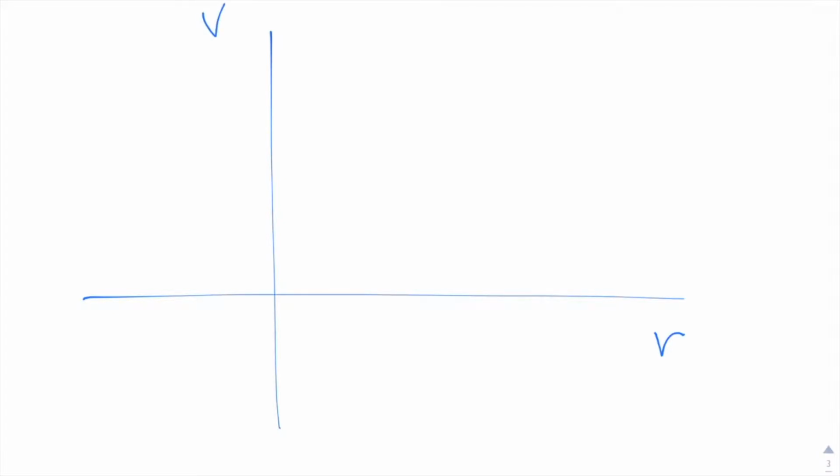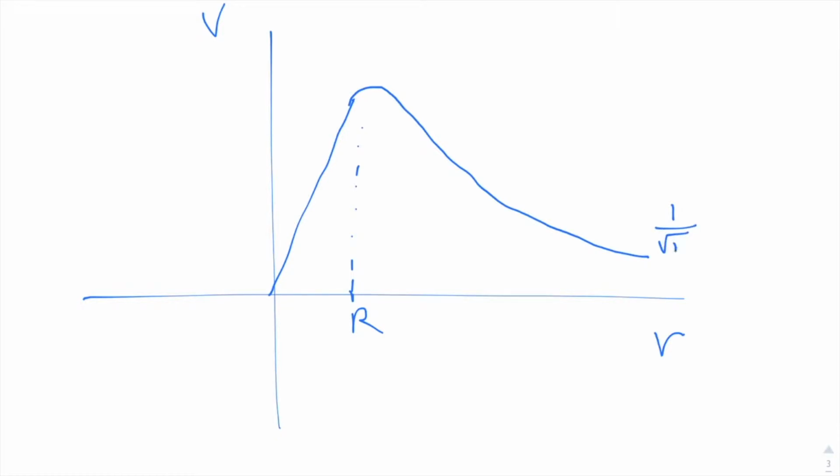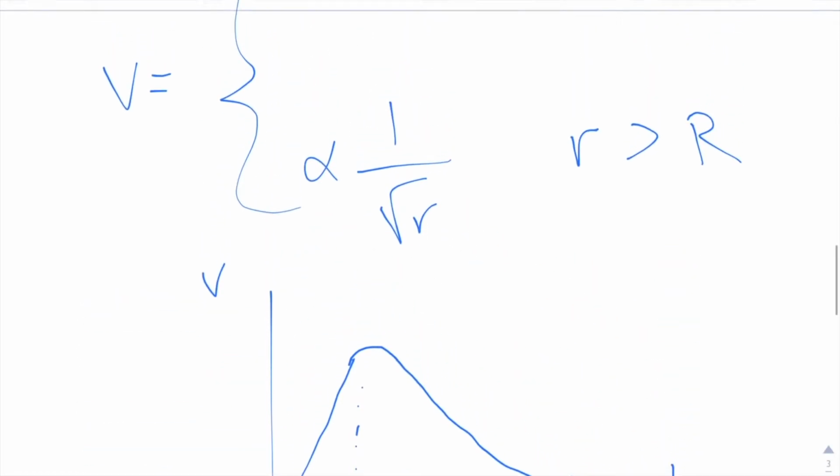So if we were to graph this on the xy plane, we notice that what we're going to get is a linear curve up to big R, but then after that it's going to start to decrease and be proportional to 1 over the square root of r. So that is what this analysis tells us.